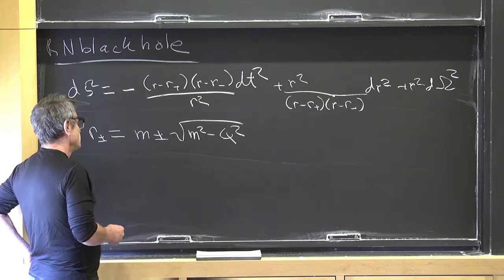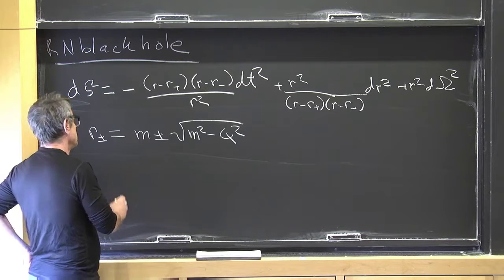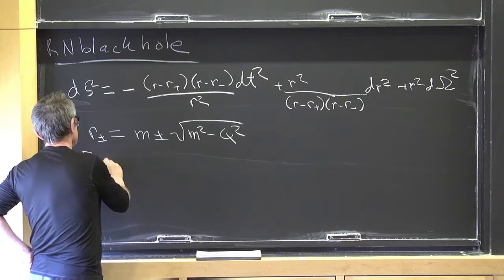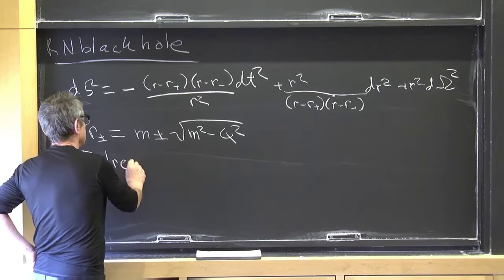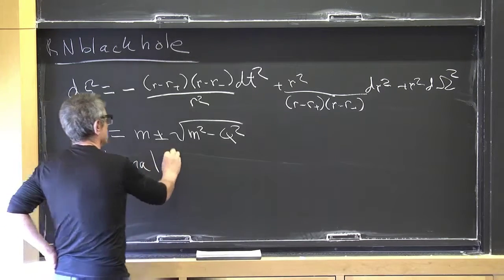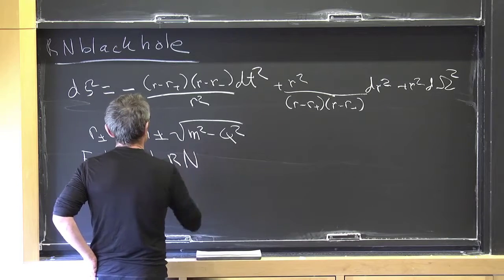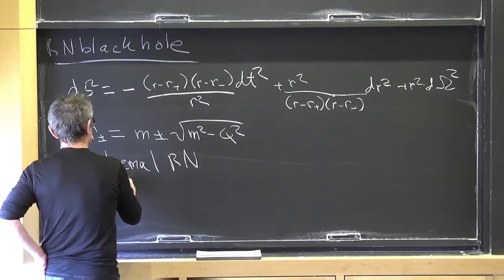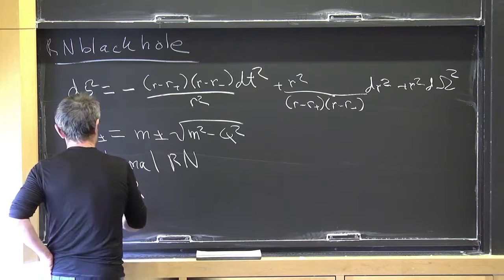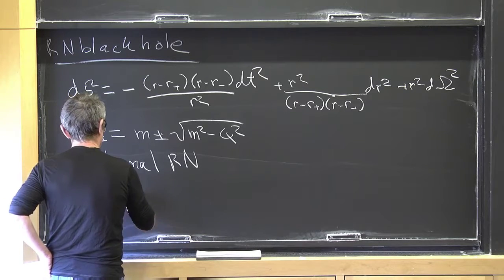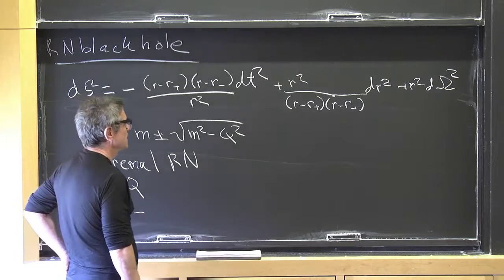OK, so we were especially interested in the so-called extreme case, or extremal Reissner-Nordstrom, for which m is equal to q, and r plus is equal to r minus.